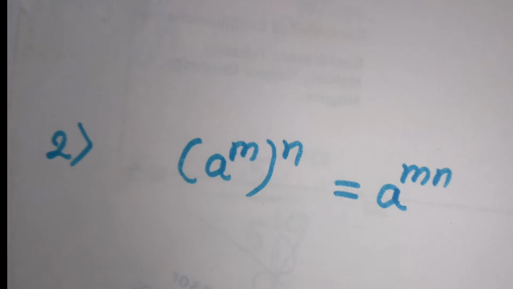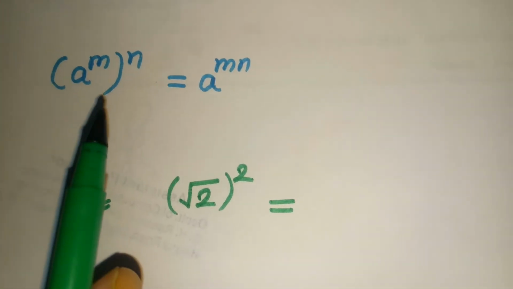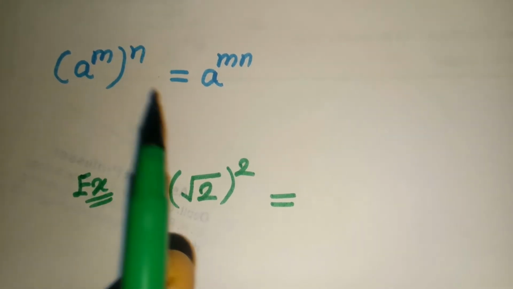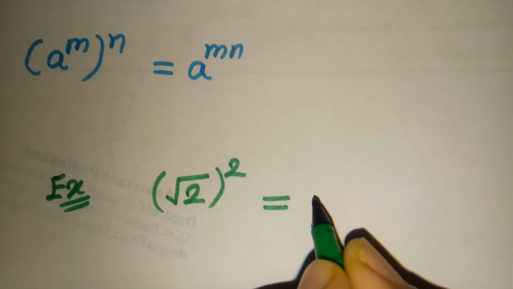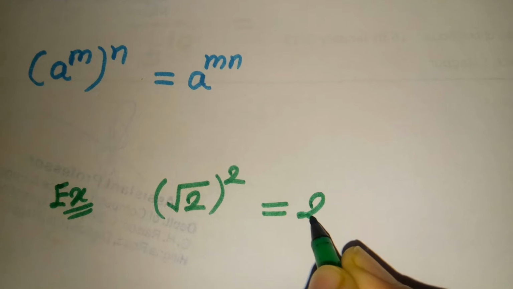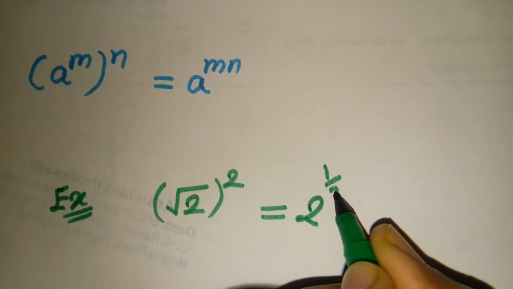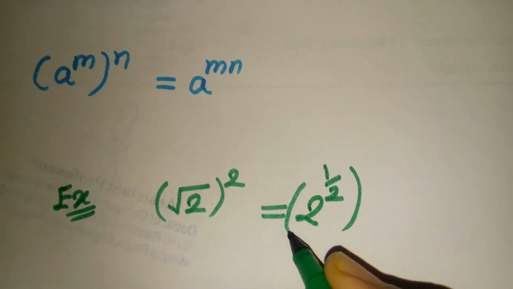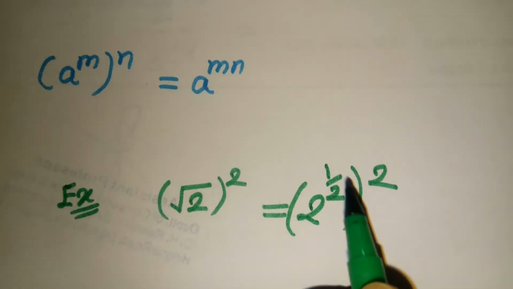Now we see the next. Here a raised to the power m whole raised to the power n is equal to a raised to the power m into n. We just multiply the powers of a. Here take the example under root of 2, whole square. Under root is nothing but 2 raised to the power half, and whole power 2.